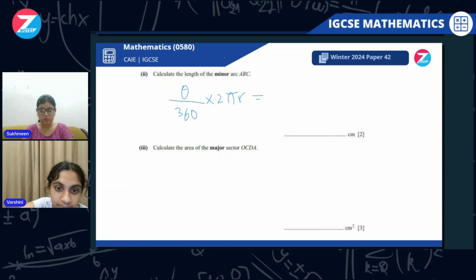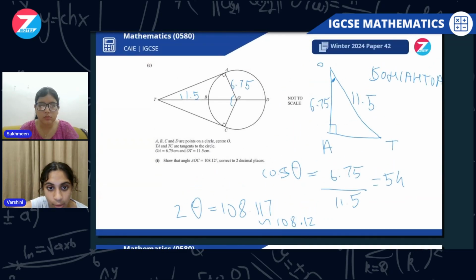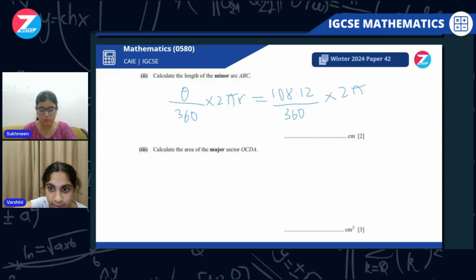So it's going to be 108.12 divided by 360 into 2 pi into the radius, which will be AO, which is 6.75.